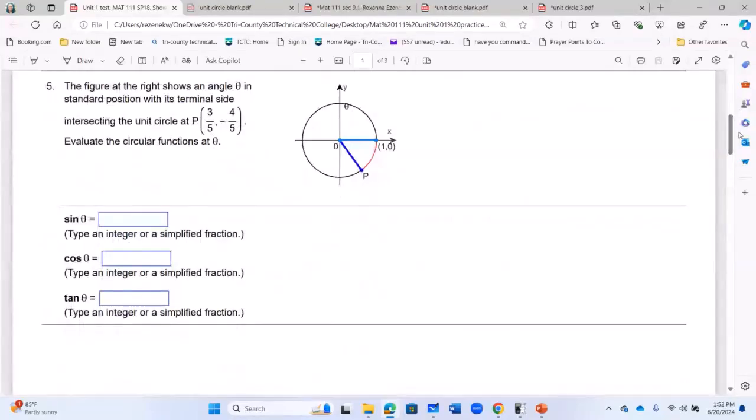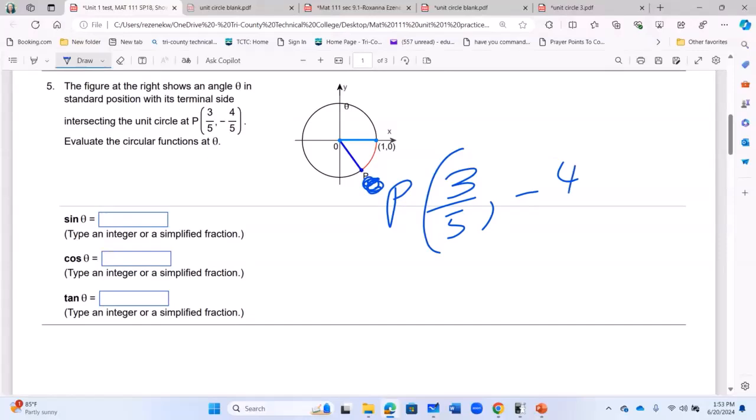And we are given a point. I already said today that every point on a unit circle is cos theta, sine theta. And by the way, this is the fourth quadrant. The coordinates of this point P, you are expected to do next class.